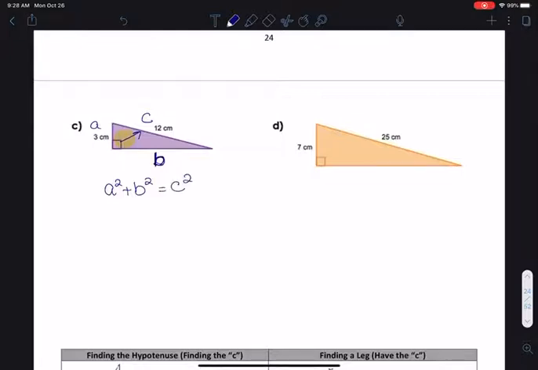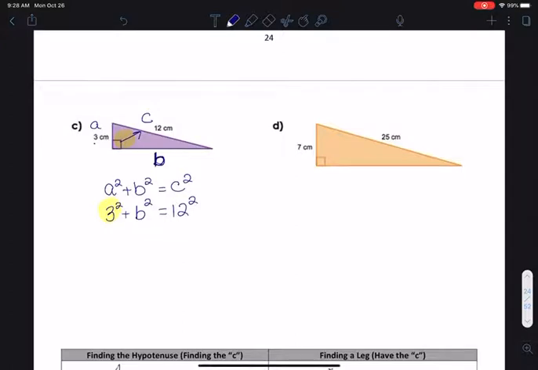And I'm going to substitute 3 for A, so that gives me 3 squared, plus we don't know what B is, so we're just going to keep that at B squared, equals, and C squared is 12 squared.